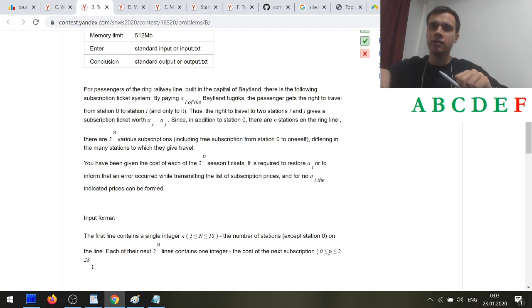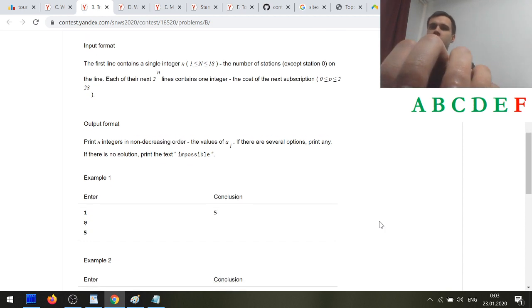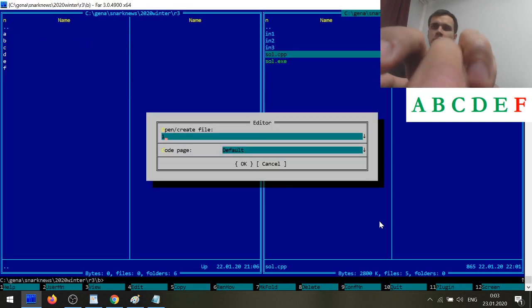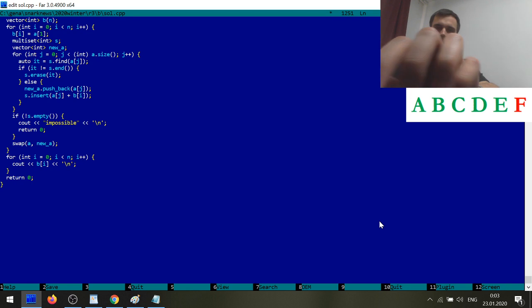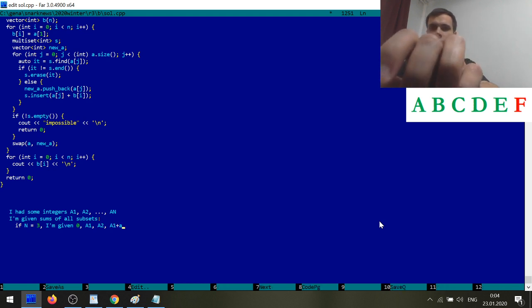Anyway, in problem B, I had 2 to the power of n integers given. Basically, I had some integers a1, a2, ..., an. I'm given sums of all subsets. So, for example, if n is equal to 3, I'm given 0, a1, a2, a3, a1 plus a2, a1 plus a3, a2 plus a3, and a1 plus a2 plus a3.